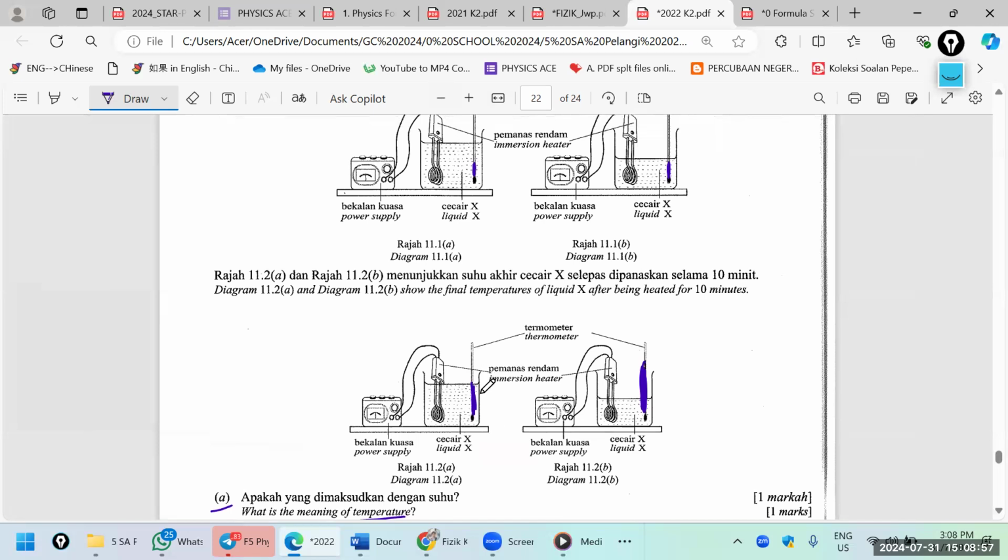Okay, in SPM, it's clearer. If there is color, they also print color for you. Yes, in SPM they show you a color diagram. I know you cannot see clearly, I will draw it for you.